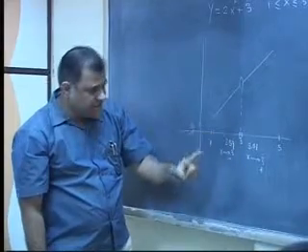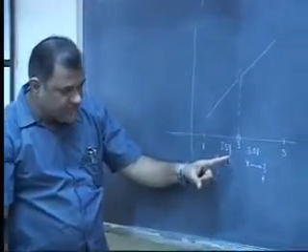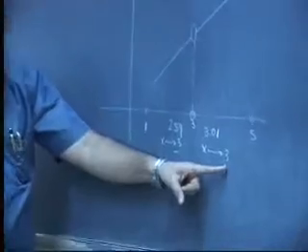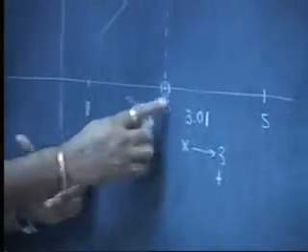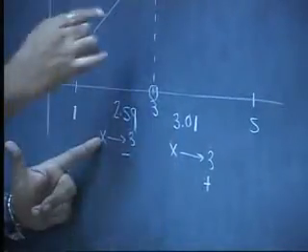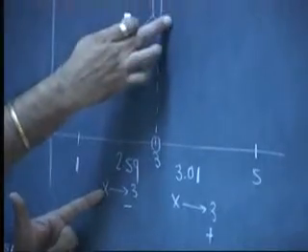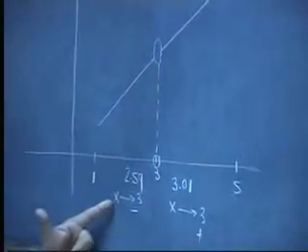So I check the three values: 3 from the negative side, at 3, and 3 from the positive side. If all these three values are equal, then yes, the driver has not taken any break and the function is continuous.